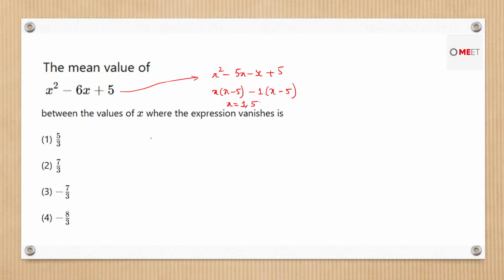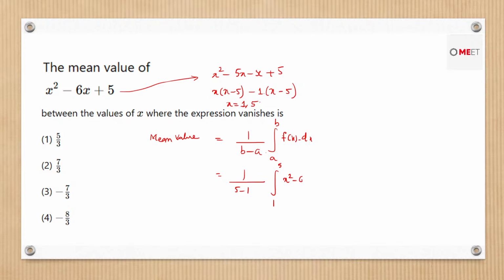So mean value is expressed as 1 by b minus a integral a to b into f of x dx, or y into dx we can write. So b is 5 over here, into 1 by 5 minus 1, integral 1 to 5.